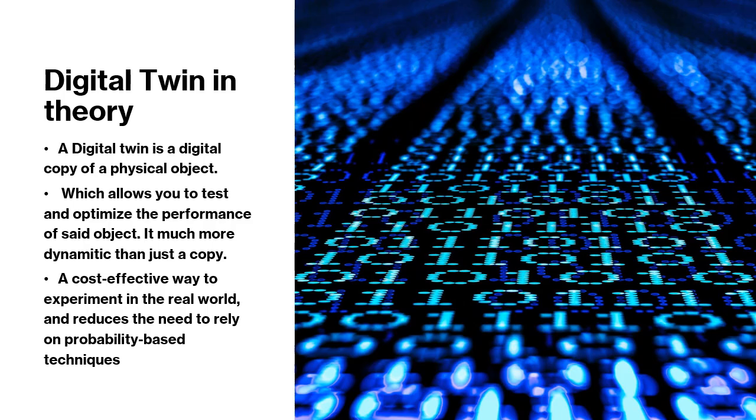Now, a digital twin is like a digital copy of a physical object, but it's much more dynamic than just a copy. It's something that you can move, something that you can expand, take a look into further, change the dynamic, change the physical nature of it to suit a need.